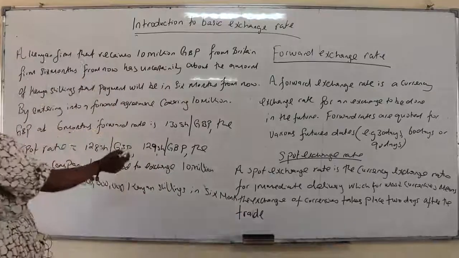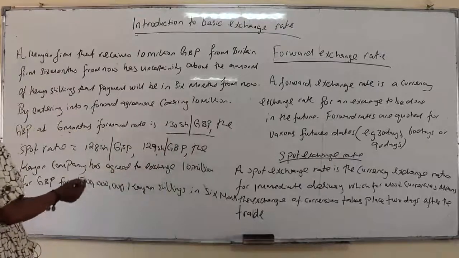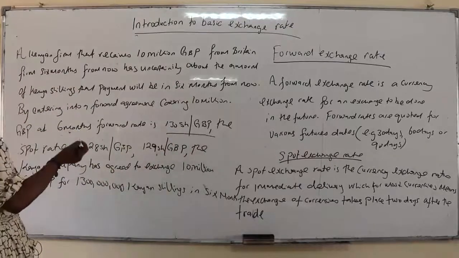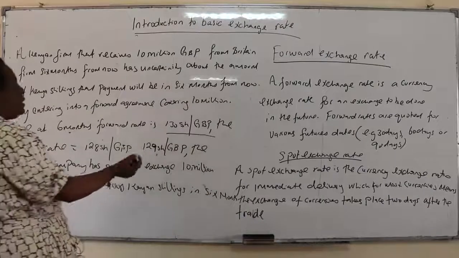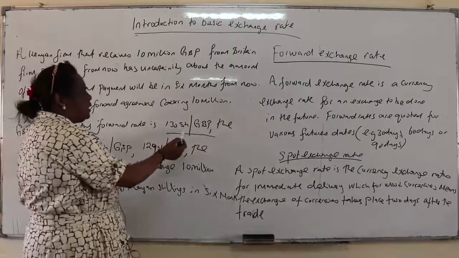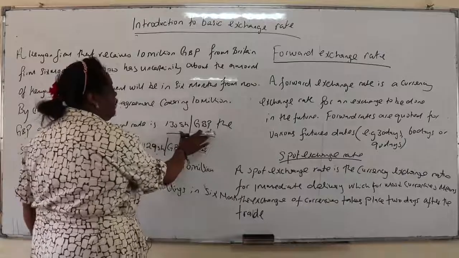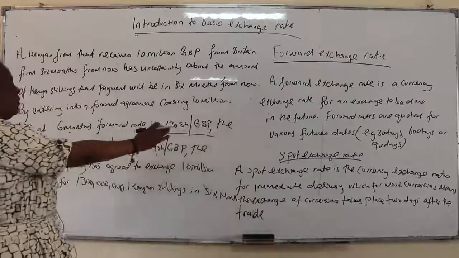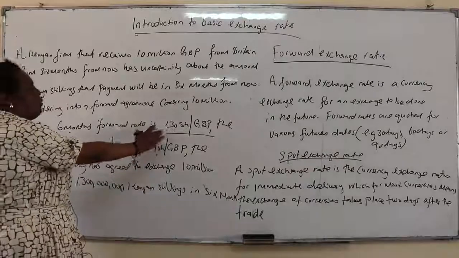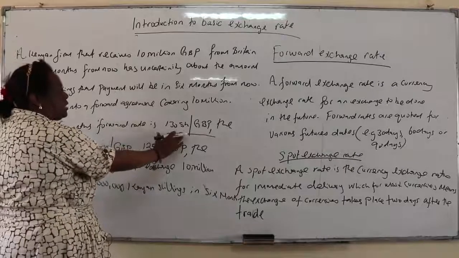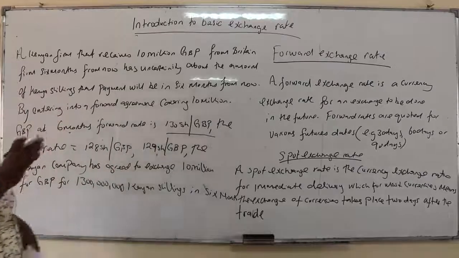So I'm going to explain a little bit about how we express the rates. This is 130 Kenya shillings per Great Britain pound, meaning 130 Kenya shillings is equivalent to 1 Great Britain pound.